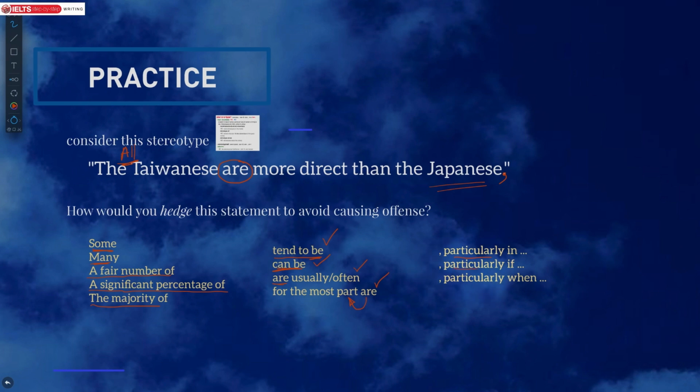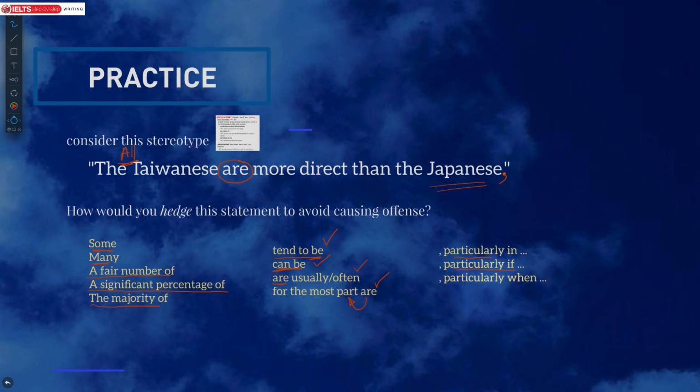Particularly if they are elderly, or older. Young Japanese tend to be a bit more open with their ideas and expressing themselves. But again, I'm generalizing. That's why I use the word tend to.